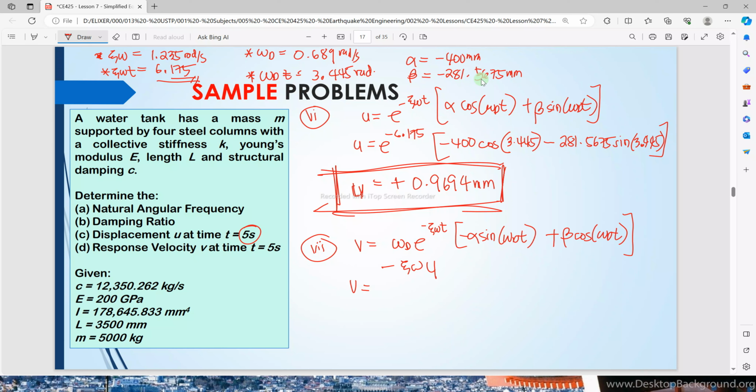We just substitute this value. Our omega d is 0.689 e to the 6.175.